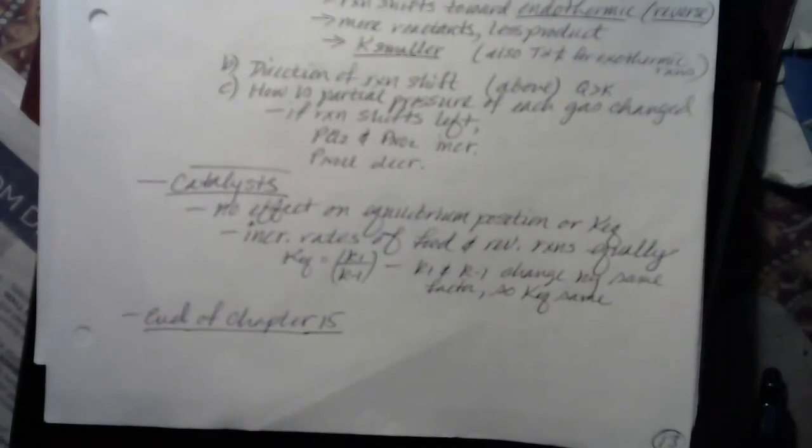Because the activation energy is smaller, the reaction goes faster than it otherwise would without the catalyst. But catalysts have an equal effect on the activation energy for the forward reaction and the reverse reaction. And so the equilibrium actually doesn't shift.